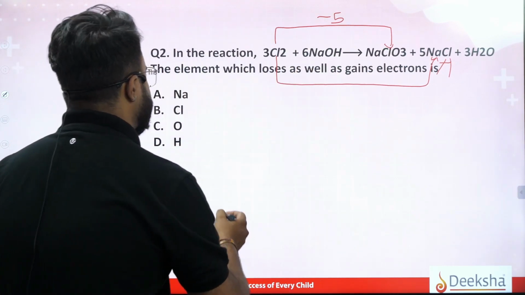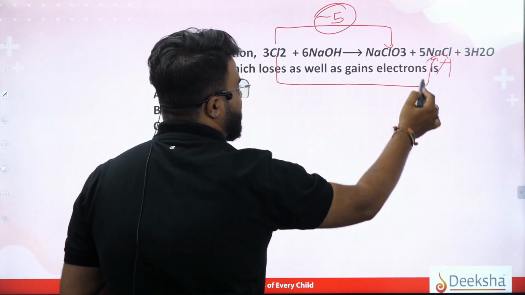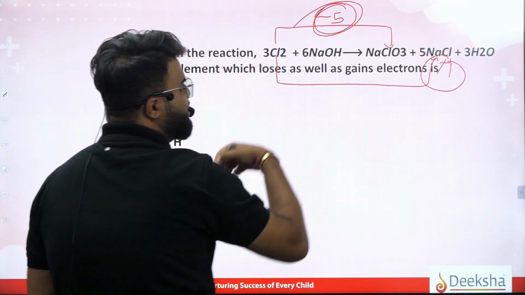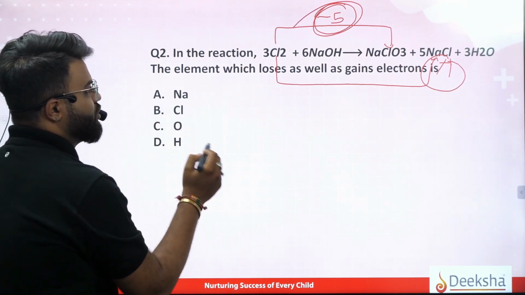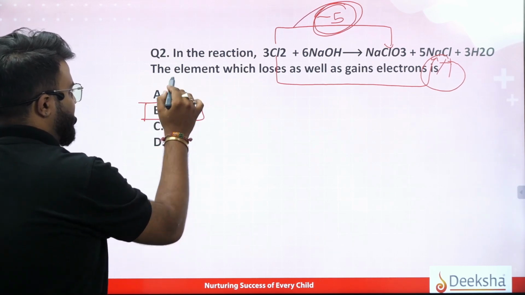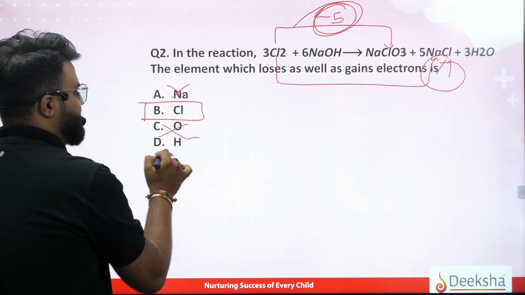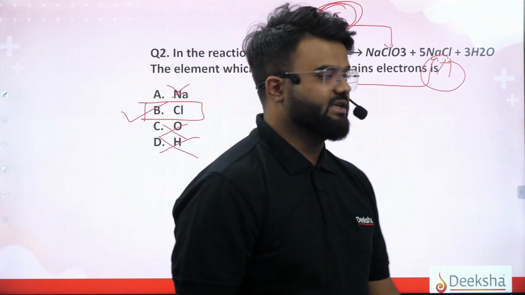So we can understand that it is losing 5 electrons and it is losing 1 electron and gaining 5 electrons, right? So the compound that is gaining as well as losing the electron is option B, right? Sodium, oxygen and hydrogen are not changing, it's only chlorine that is getting changed.